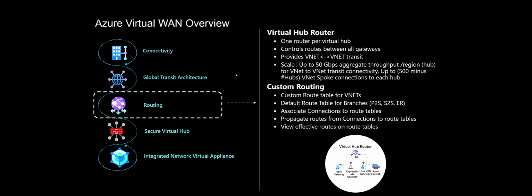Our branches get a single route table for all of their connections, but you can associate these route tables to the various connections for them to not only view those effective routes, but you can propagate routes from those connections to the route tables. So this is truly a dynamic routing solution within the cloud.